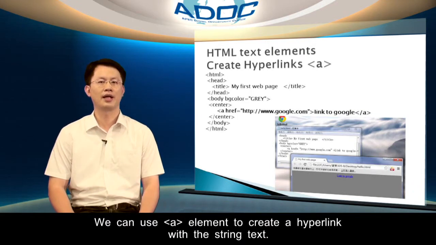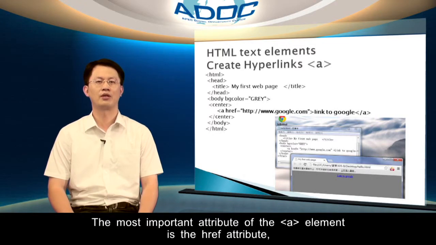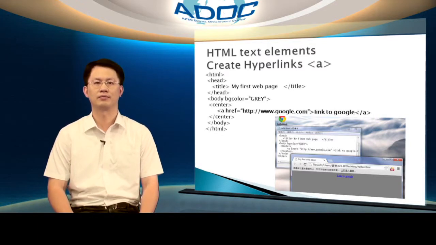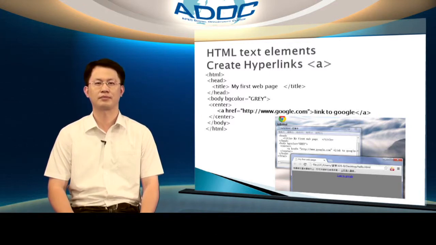And we can use the A element to create a hyperlink with string text. The most important attribute of the A element is the href attribute, which indicates the link's destination.